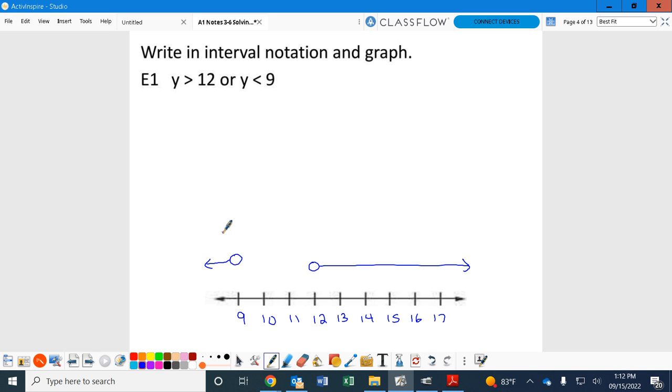Even though they're both going in either directions, both parts can be true. If something's over here, it's part of my answers. If something's over here, it's part of my answers. It doesn't have to be in both places. It's not about overlap. It's just as long as it's in one or the other, it's part of my answer. So all I do is drop this down, open, shade it this way. Drop this one down, shade it this way.